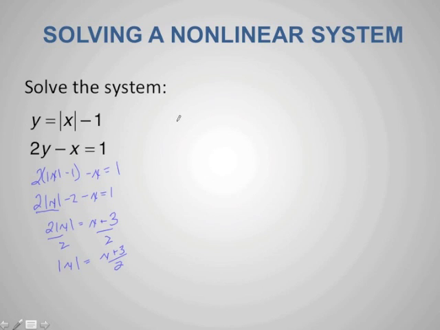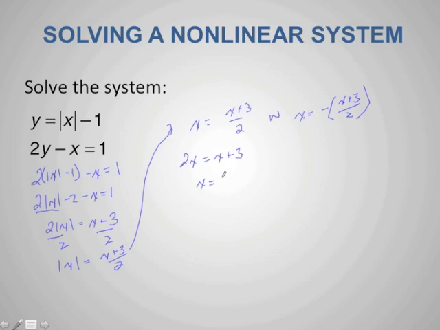Now I've isolated the absolute value. So from there, I know that x either equals (x plus 3) over 2 or x equals negative of (x plus 3) over 2. Cross multiply, now I have 2x equals x plus 3.